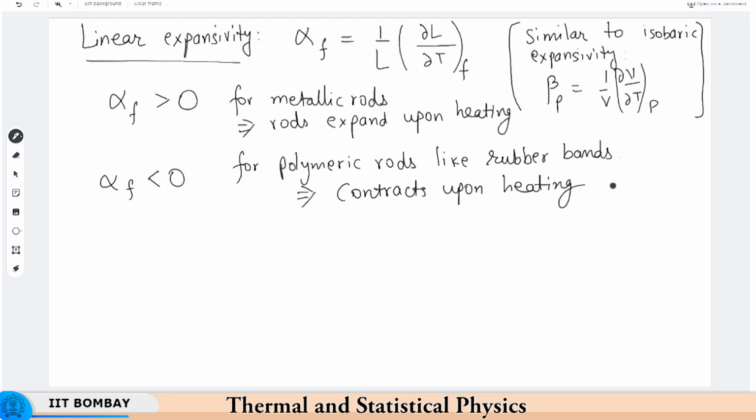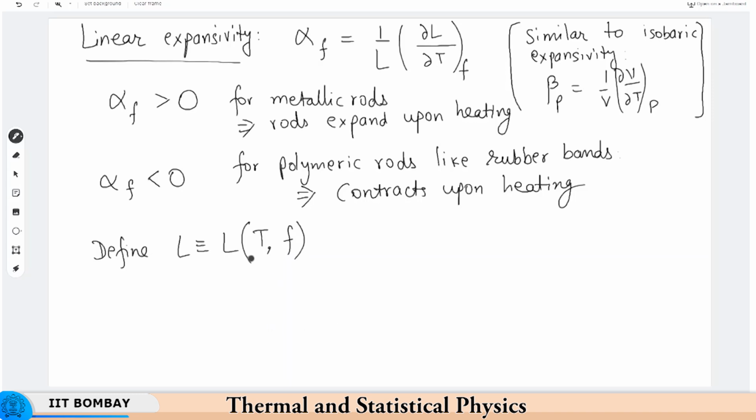Essentially, what we will do next is apply the laws of thermodynamics to this system and calculate various quantities like entropy, heat release and so on. So, let us start. The quantity that we are interested in is the length of the rod. So, let us define the length function, which is a function of temperature as well as force. The length of the rod can change either by applying a certain force or by heating or cooling it.